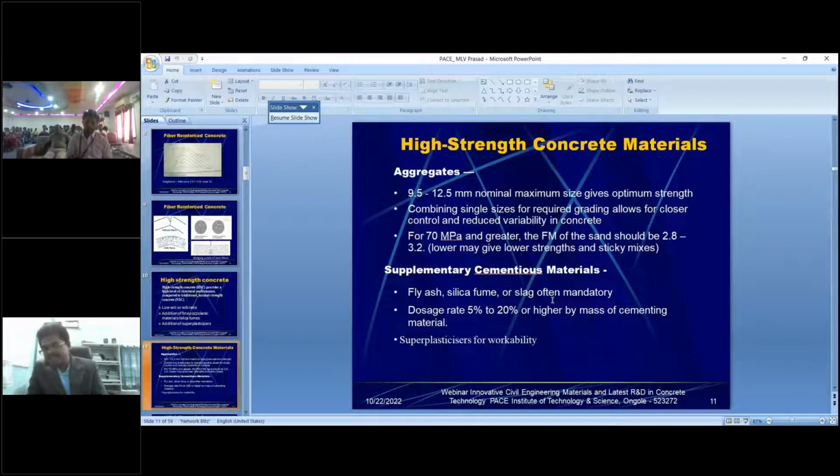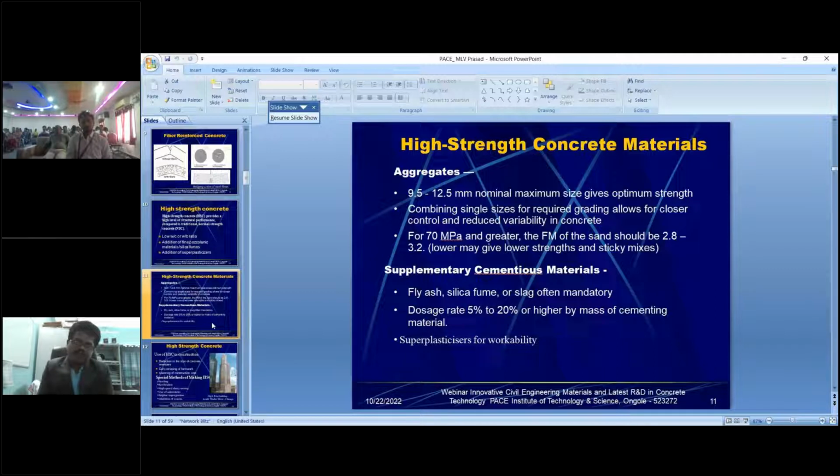And definitely I am going to use supplementary cementitious materials like fly ash, silica fume and all this, but I will fix different dosages based on the type of material. Suppose it is silica fume: because silica fume has high water absorption capacity, high range admixtures are used in case of silica fume, added as a superplasticizer. That's why its dosage is only 5 to 10%. But if I am using fly ash, I can go up to 20 to 25%, even up to 30% also.